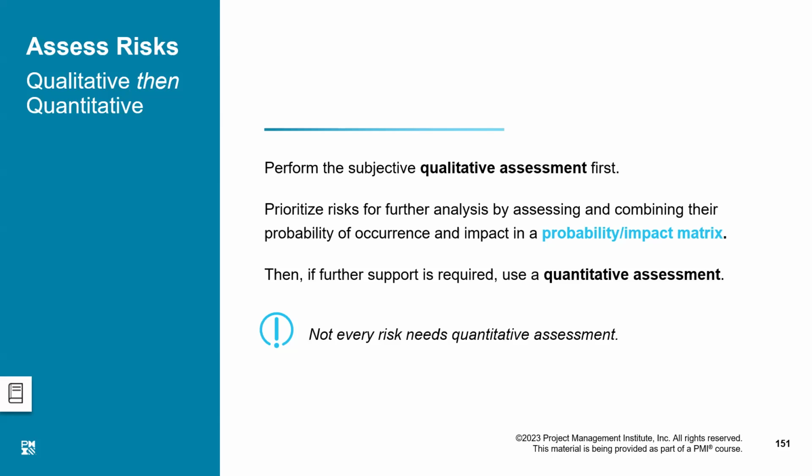Subjective means that it is kind of statements given by people, whereas quantitative is mostly in a figurative form. It is in figures, right? So we have to do the qualitative assessment first before we can get on to the quantitative analysis.